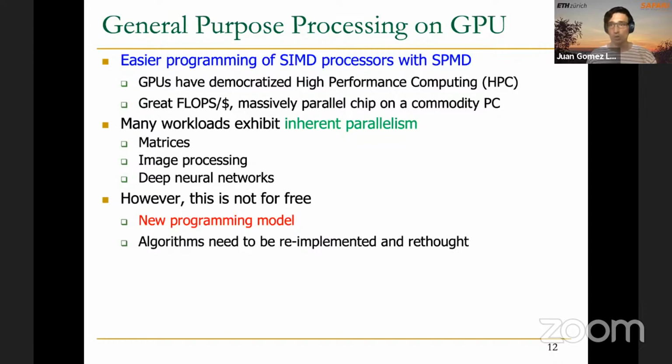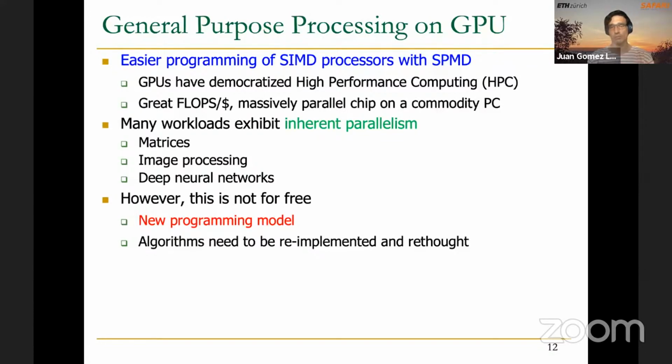However, learning how to use GPUs in a smart and optimized way is not for free. It's not only that we need to learn a new programming model, you need to learn CUDA or OpenCL, but also that you need to rethink the algorithms and the way that these algorithms map onto the hardware.